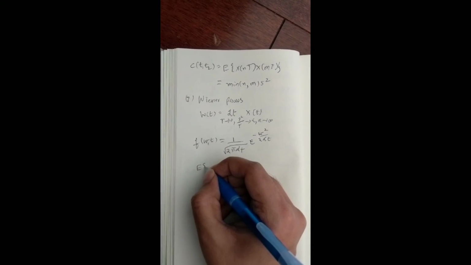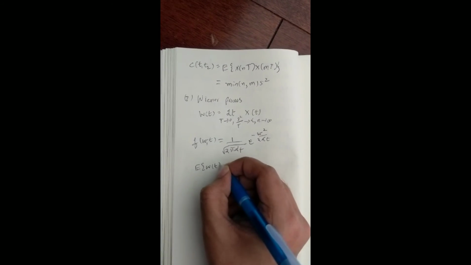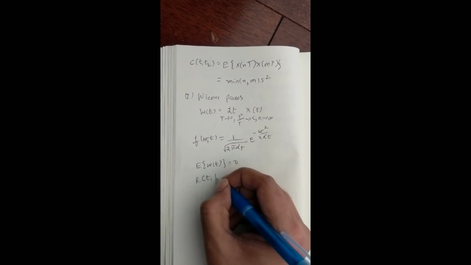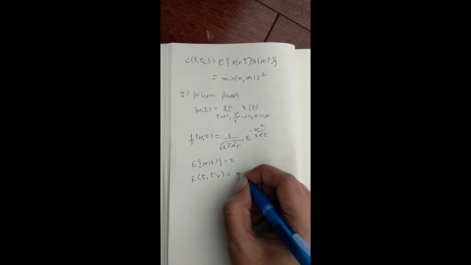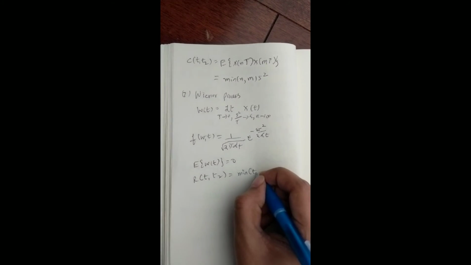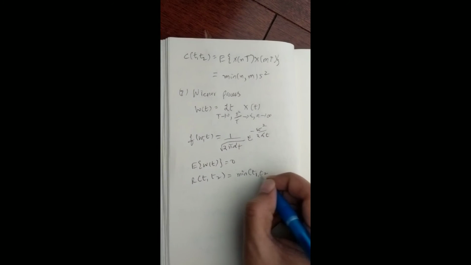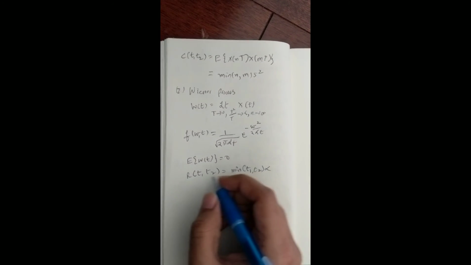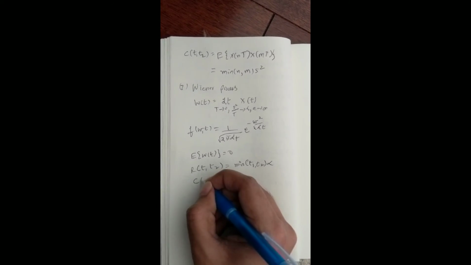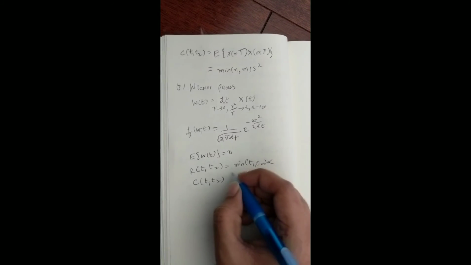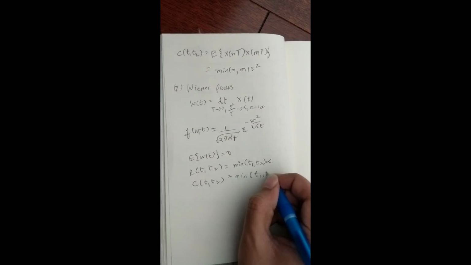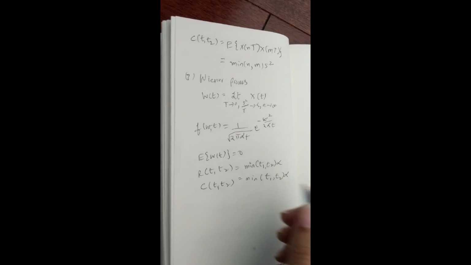The mean is 0. Autocorrelation is minimum of t1 and t2 times alpha, and autocovariance is also minimum of t1 and t2 times alpha.